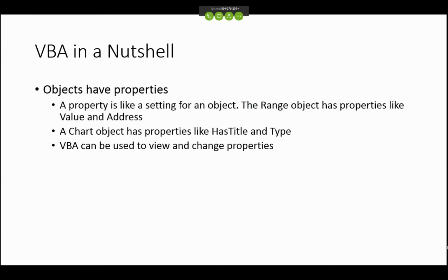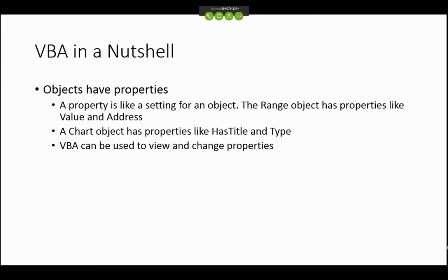Okay. So objects have properties. Properties are like characteristics of the object. The range object has a property called value, and that's the value in the range. It also has a property called address, which would be like C1, the address of the range.